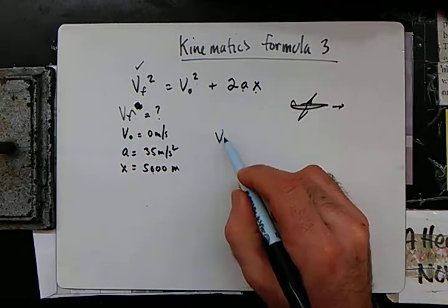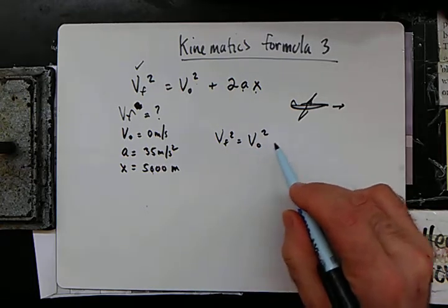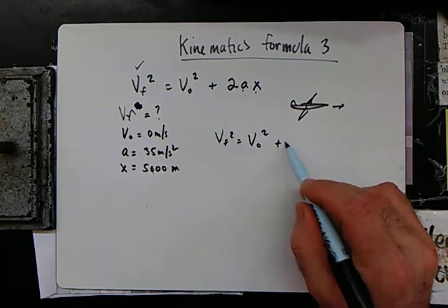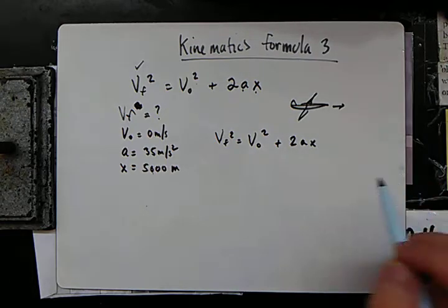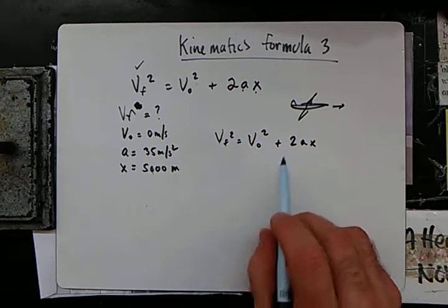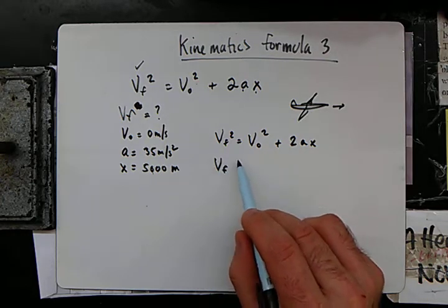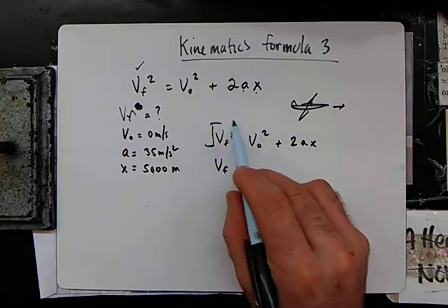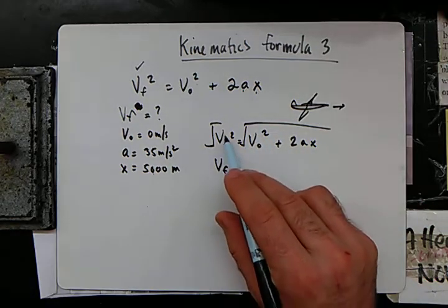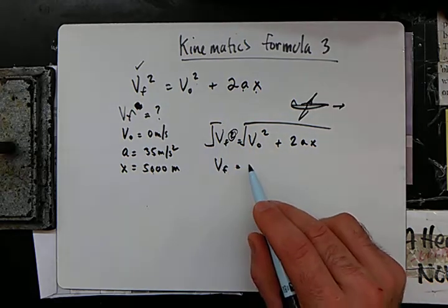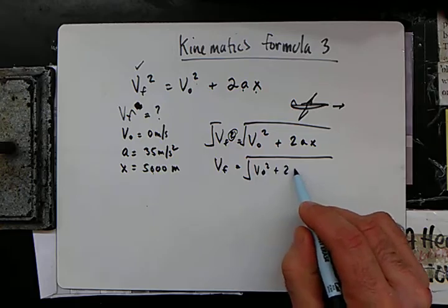So here's our formula. Vf squared is v naught squared, that's initial velocity, plus 2ax. So to get Vf by itself, we're going to square root the whole thing. So Vf, square root of a square, you just get rid of that, is the square root of Vo squared plus 2ax.